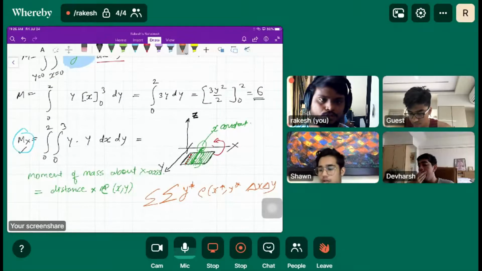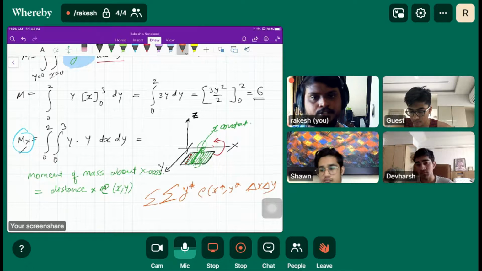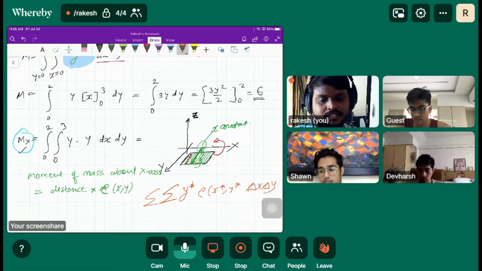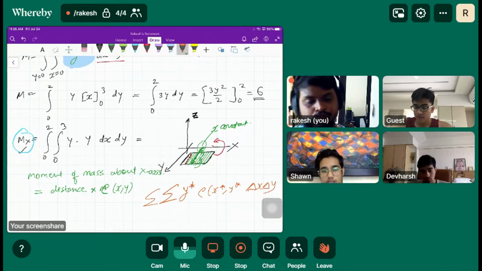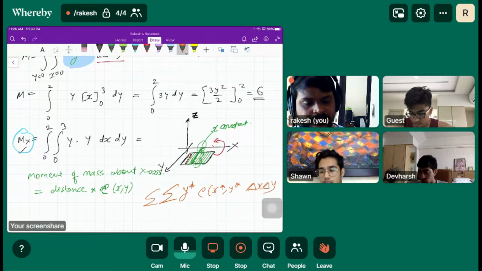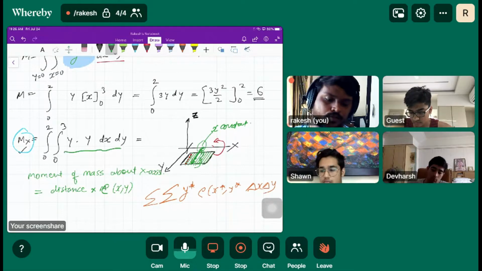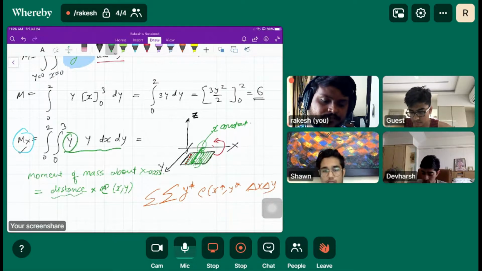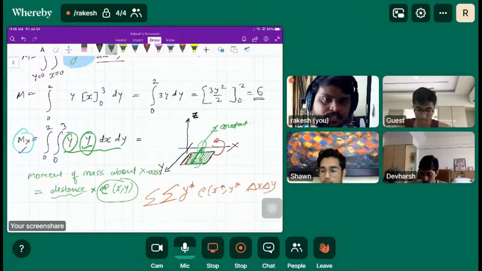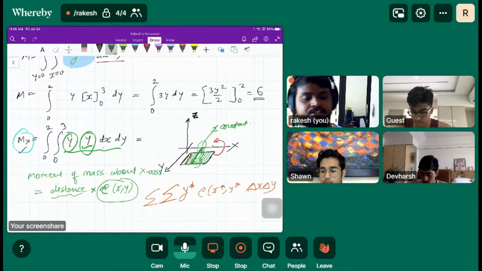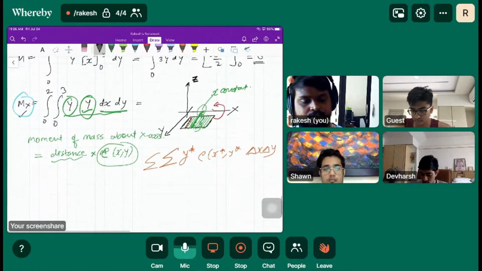The moment of mass is a continuous function, so we need to apply the double integral, and this is the formula. The distance is y, and the mass density function is also y because it is given in the question, and dx dy is from the double integral. Now what is the answer for this?